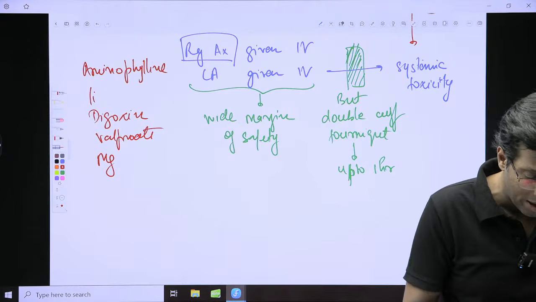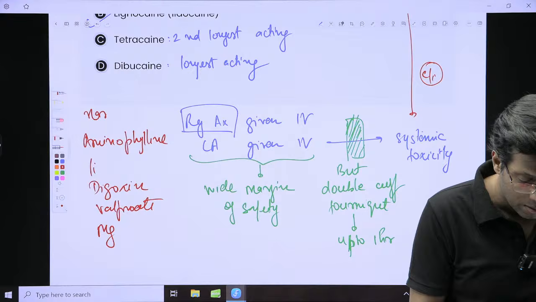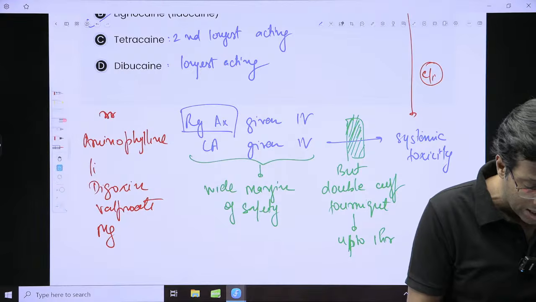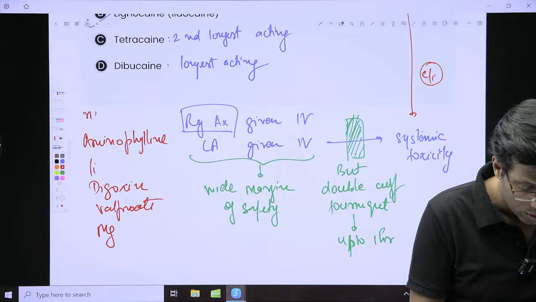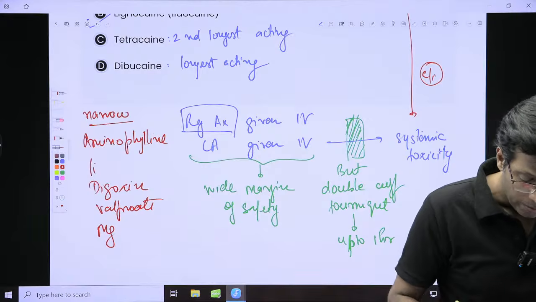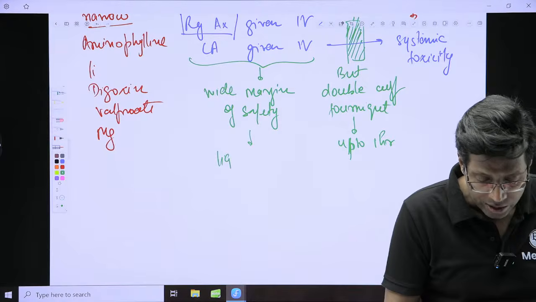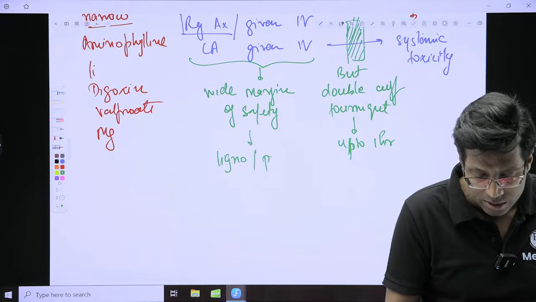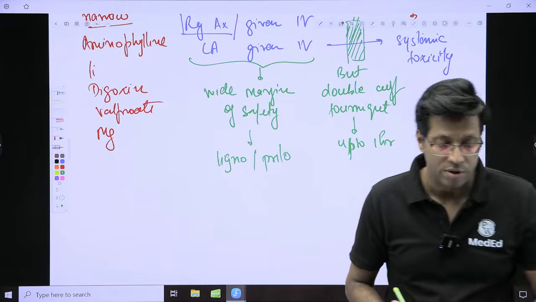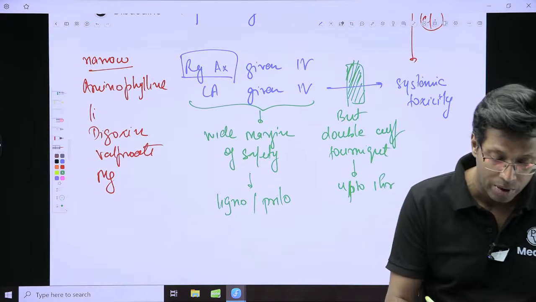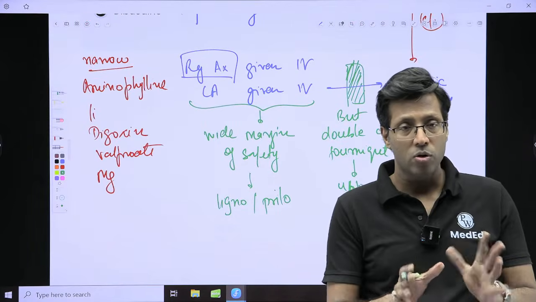These drugs can have complications anytime, even near the therapeutic dose. But among local anesthetics, lignocaine and prilocaine have a relatively wide margin of safety, and that's why they are used. They are going to work only for 1 hour.